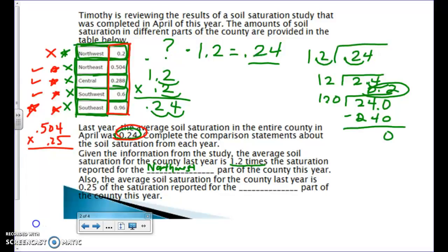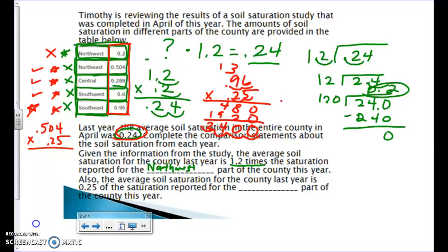Instead of guessing and checking all the way through, we can just do this. 0.96 times 0.25. 0, 3, 8, and then 0 for my placeholder because I'm moving over a spot. 2, 1, 19, and so we have 0, 0, 4, 2, with 1, 2, 3, 4 decimal places.